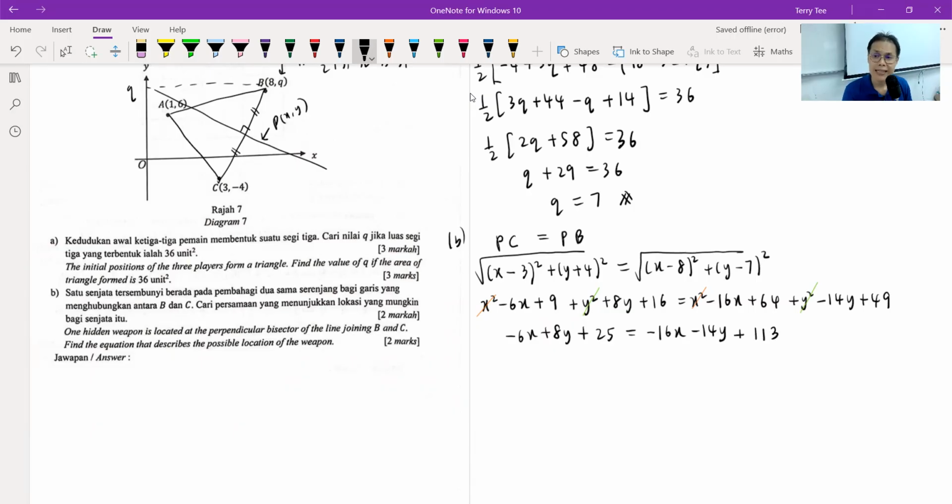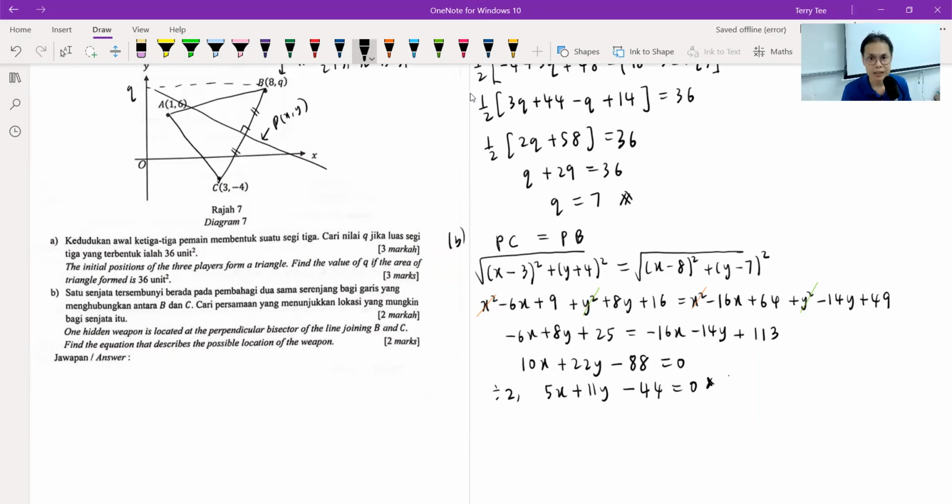Then bring this negative 16 to the right, it becomes positive 16. 16 minus 6 is 10. 8y plus 14 is 22y. 25 minus 113 is minus 88, equals 0. We can divide by 2. I got 5x plus 11y minus 44 equals 0.